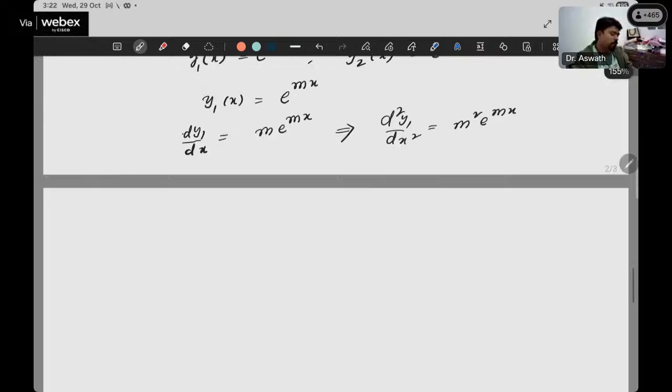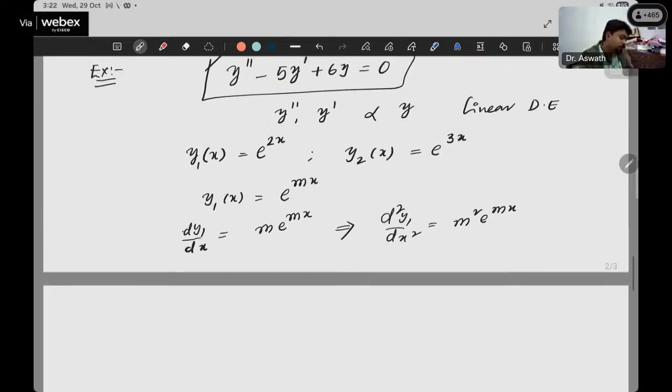I substitute in the above and I get m square exponential mx minus 5 into m exponential mx plus 6 into exponential mx is equal to 0. I take exponential mx common and send it to the other side, it becomes 0. So what I am left with is m square minus 5m plus 6 is equal to 0.